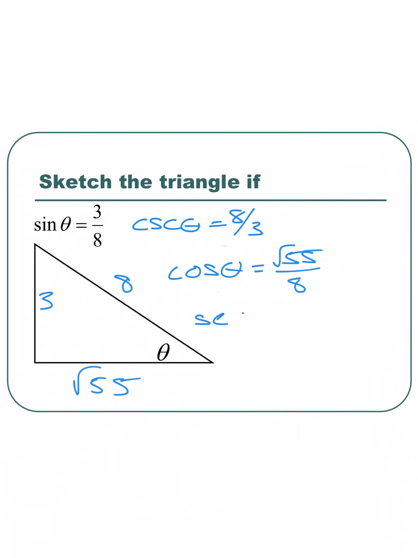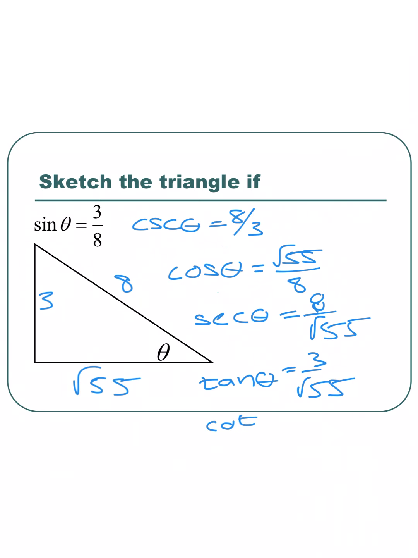The secant is the reciprocal of that, which would be 8 over radical 55. For our tangent function, it's going to be the opposite side, which is 3 over radical 55. And then for your cotangent, it's going to be the reciprocal of our tangent, so it should be radical 55 over 3.